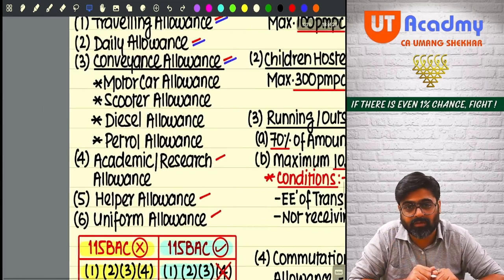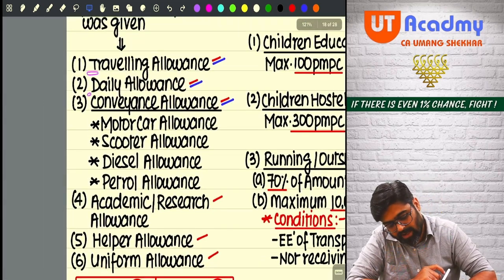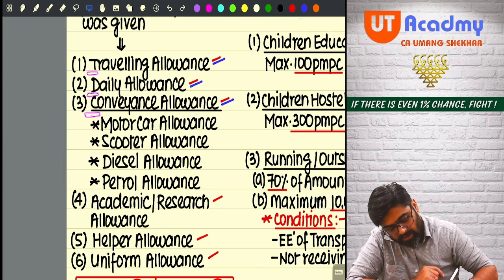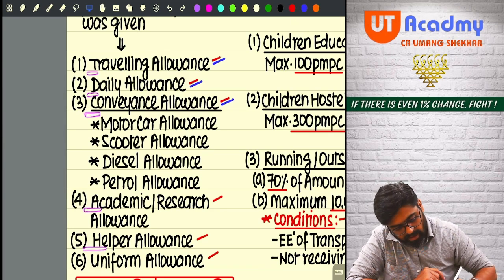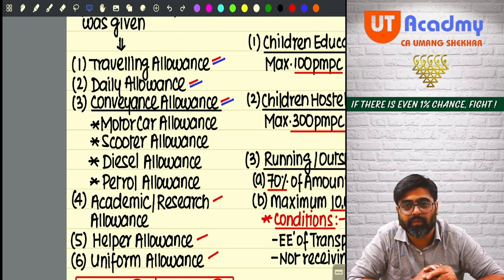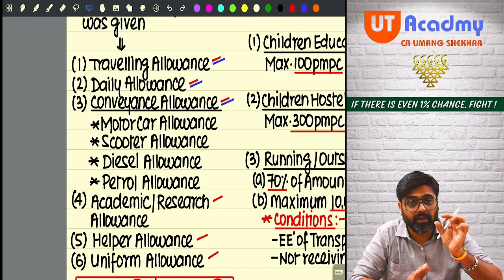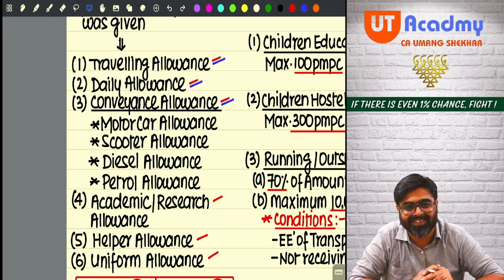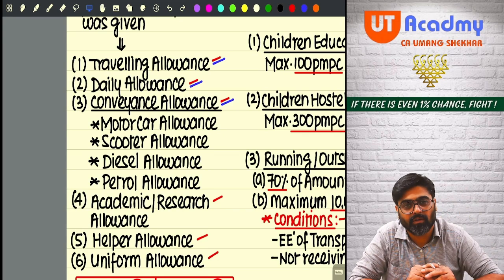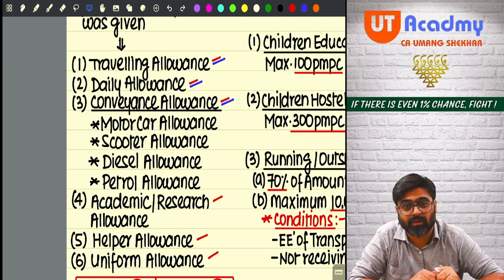How to remember these? T, D, C, A, H, U, and make some key. If you do it now, right now you will remember the key, and remember D stands for daily allowance. But after a few days, you will remember the key but forget what D stands for.